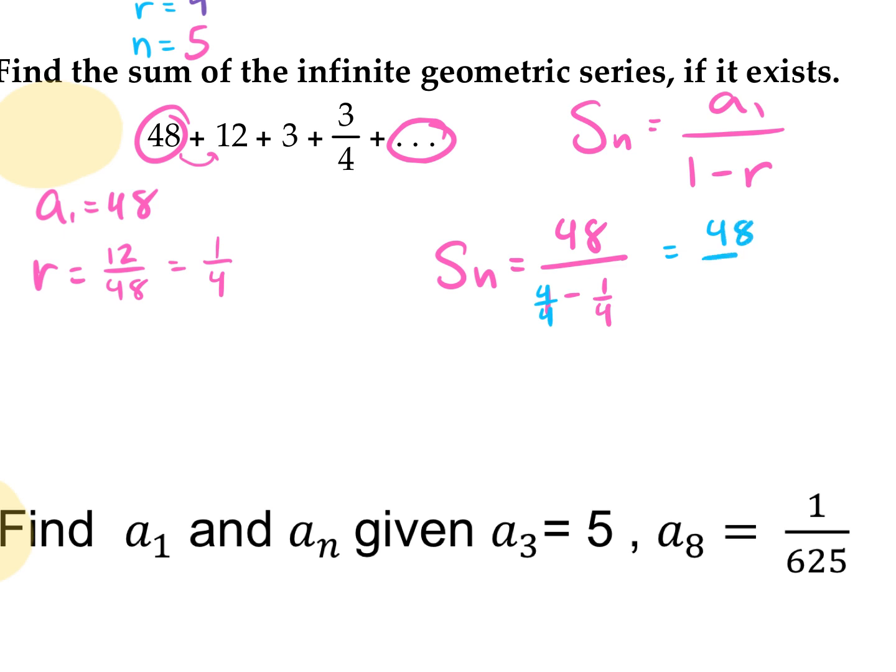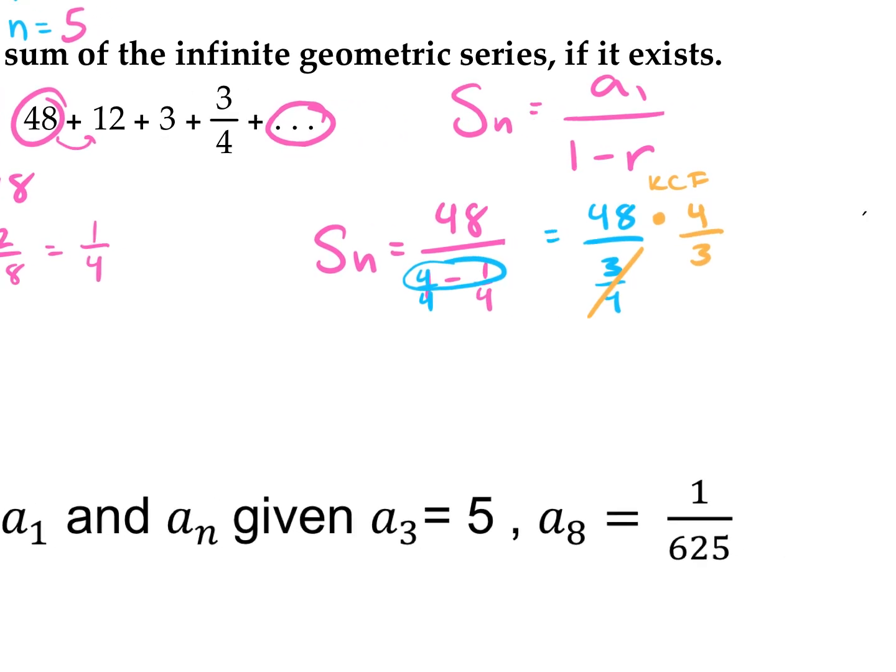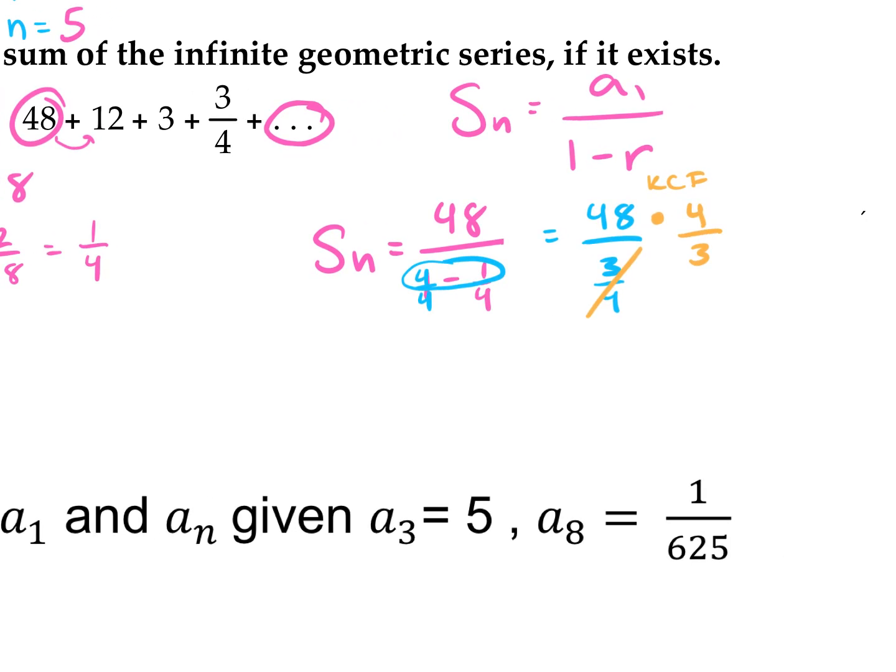So we have 48 over, we subtract the numerator, so this would be 3 over 4. What do I do when I have a fraction in a fraction? Keep, change, flip. So keep the top, change to multiplication, and flip the bottom. So then here we can do 48 times 4 divided by 3, which is 64.